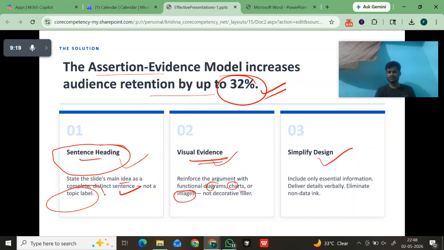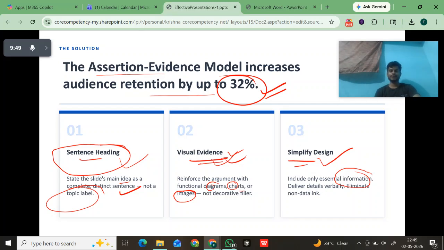So the third point is, first use a clear heading. Second, use a visual thing. And then after that, simplify design. Include only essential information. Don't include loud background music, it is not making any sense and will not support learning. Fancy animation also won't support the learning aspect.